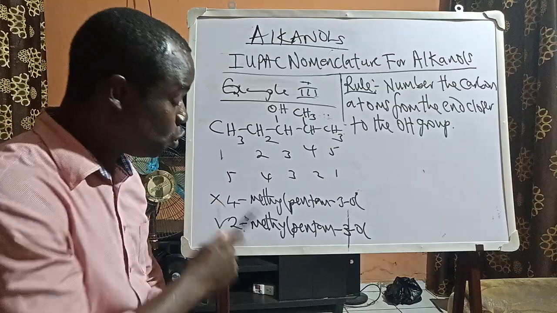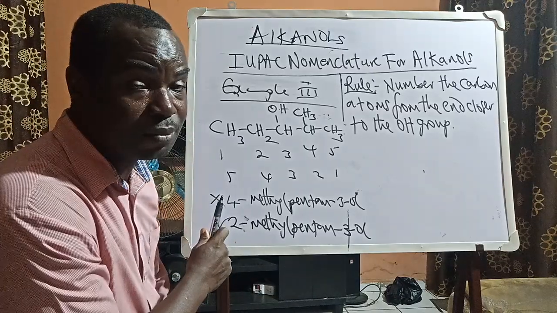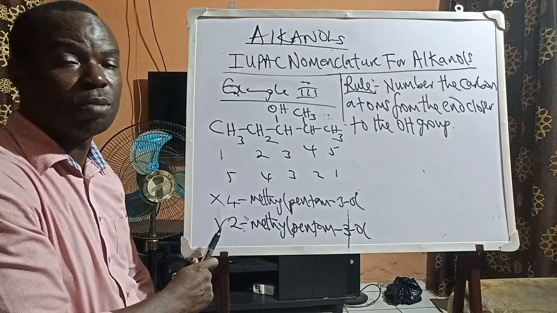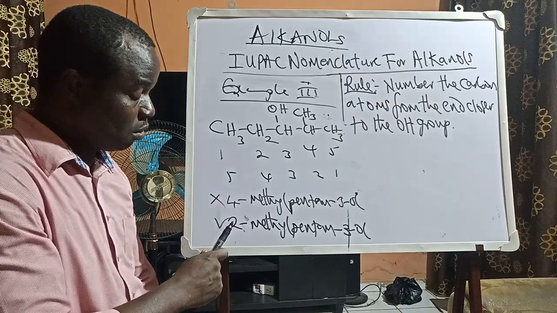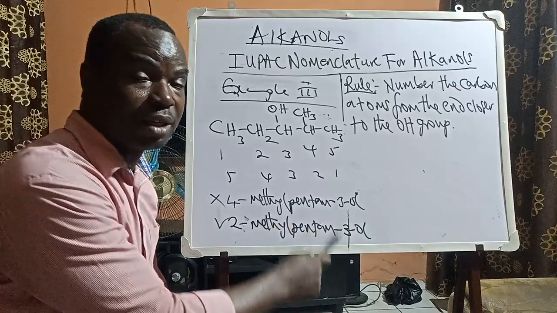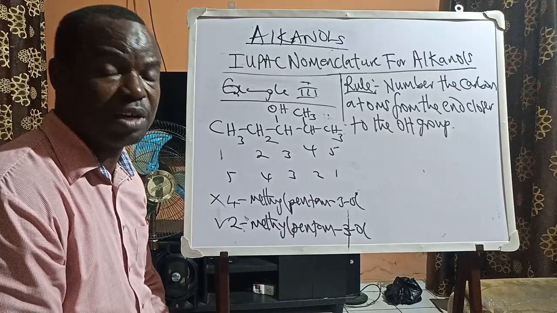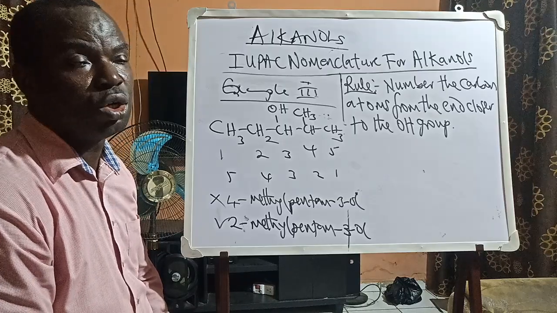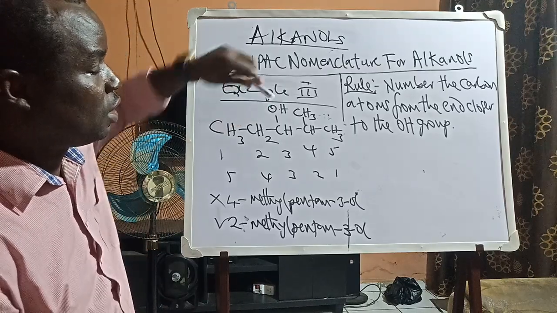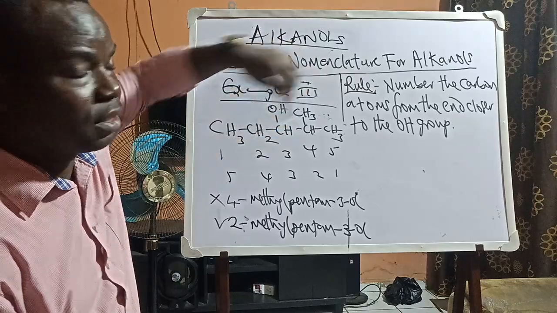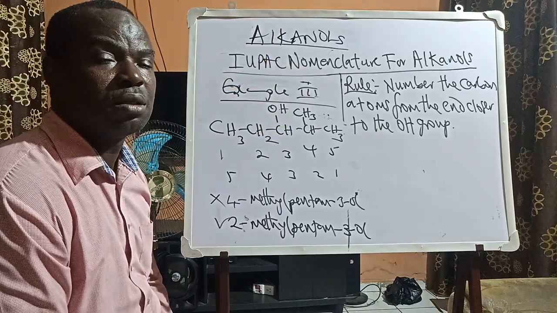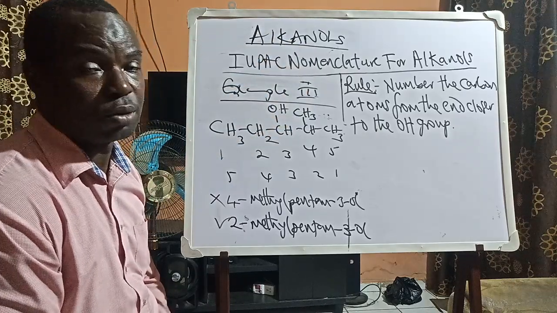The reason is that we don't take higher numbers in organic chemistry. We take lower numbers. Take note. So, the name is 2-methylpentan-3-ol. I hope we are following this. Very, very important. So when the OH is in the middle, you have to look at the branch to know which numbering is the right one.